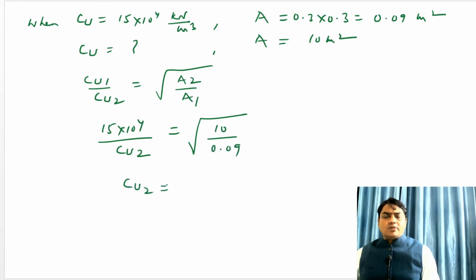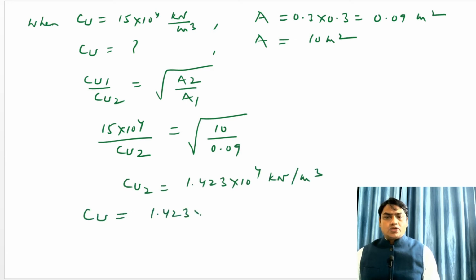So Cu2 can be computed as 15 into 10 to the power 4 into the square root of 0.09 divided by 10, which is 1.423 into 10 to the power 4 kilonewton per meter cube. So the final value of the coefficient of elastic uniform compression is 1.423 into 10 to the power 4 kilonewton per meter cube.